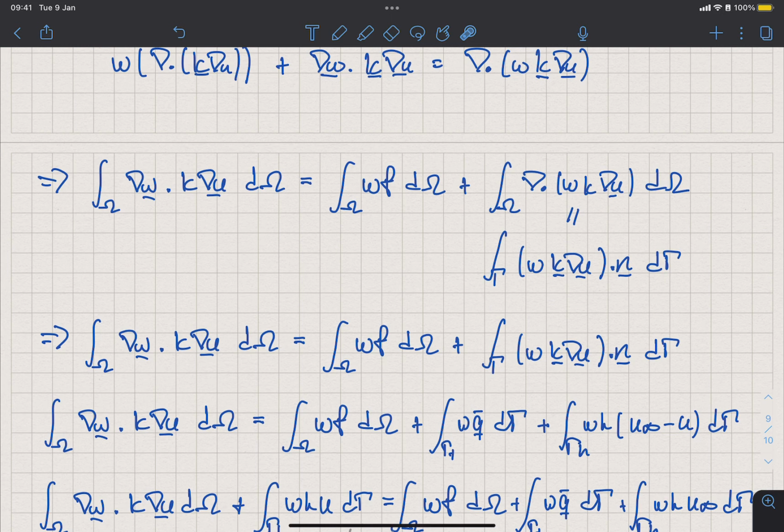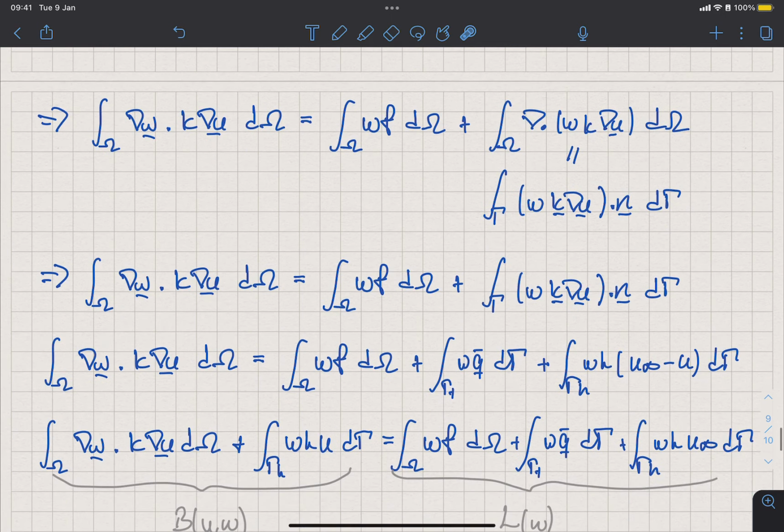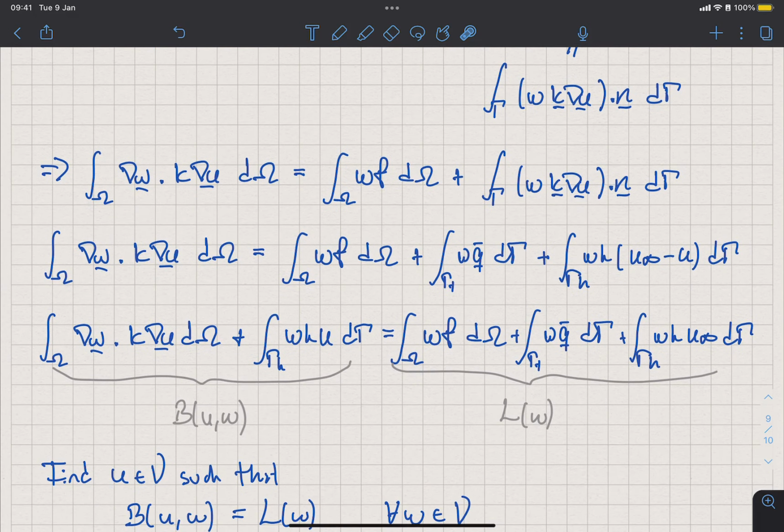So this is called the divergence theorem. And we notice that this integral is, of course, over the entire boundary. But the entire boundary is composed of the boundary where you are prescribing Dirichlet, Neumann, and Robin boundary conditions, right? And so this is essentially what I'm writing here.